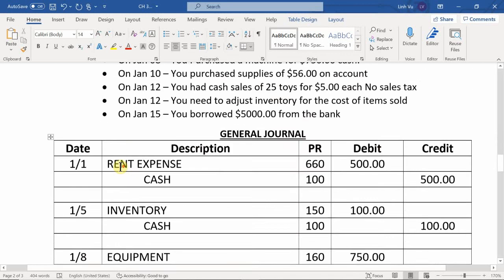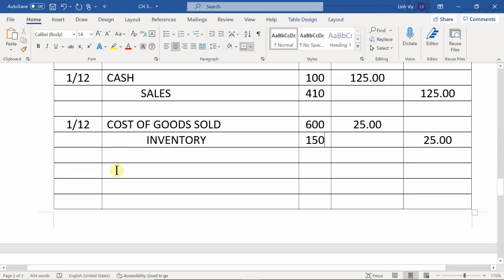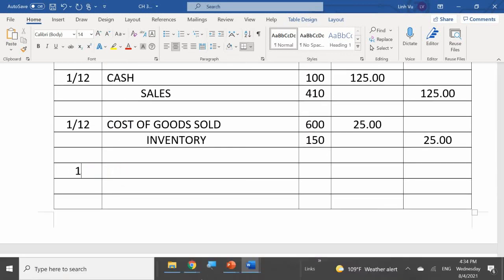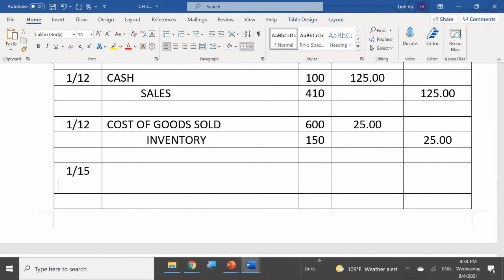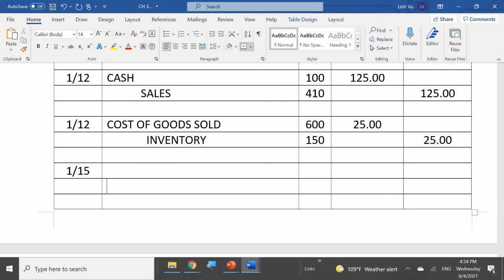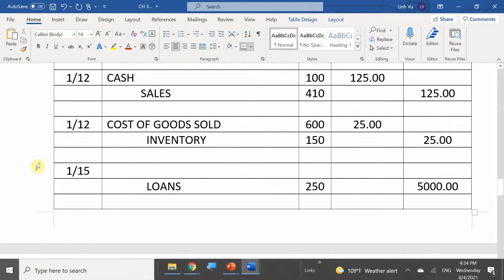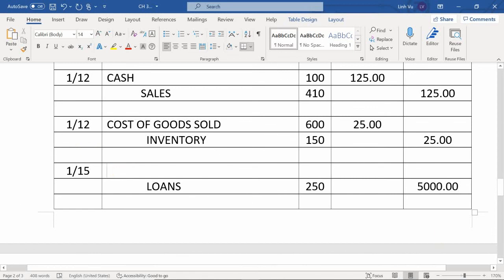Increase to the credit. Good. So January 15, we're going to increase it on the credit side. We got loans, 5,000. And that increases your cash, because you borrowed money. So that instantly becomes cash.